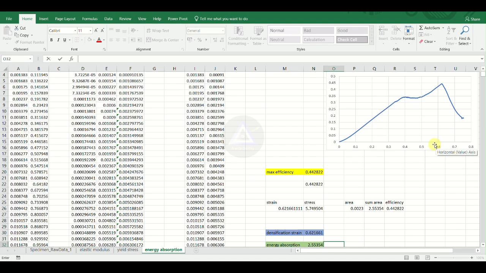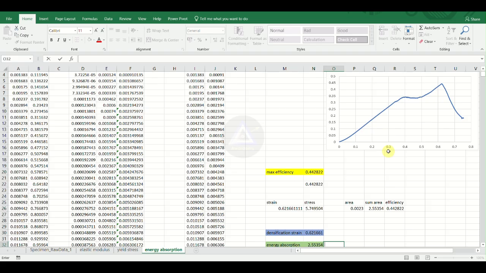But generally what I do is another method: take the average from the yield stress to the densification stress. So the plateau stress we are going to measure from the stress with respect to yield strain and the stress with respect to densification strain.